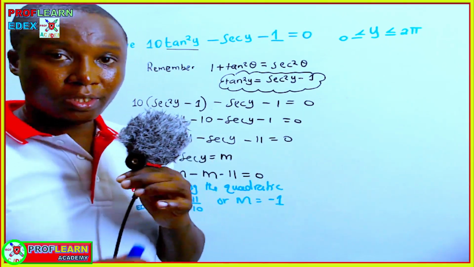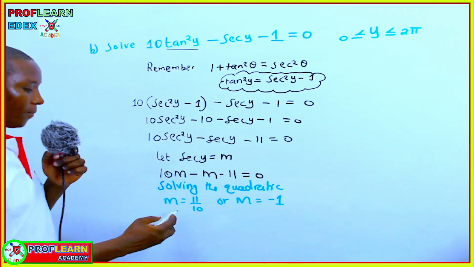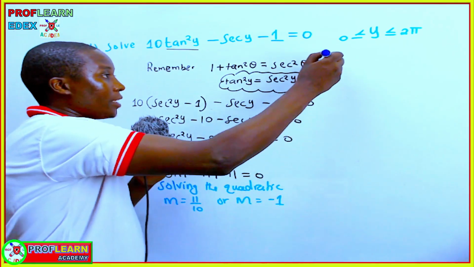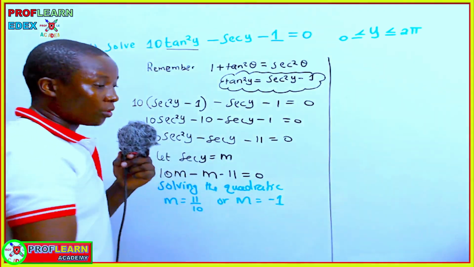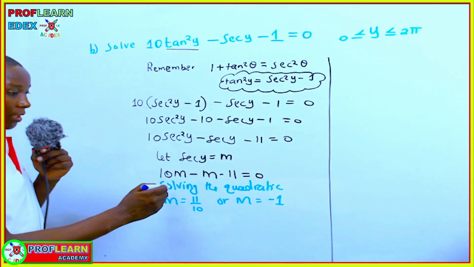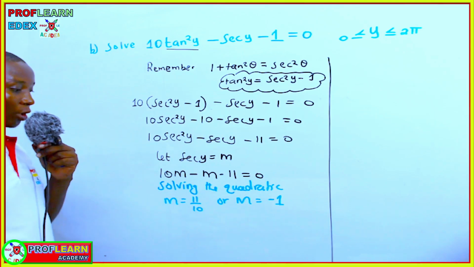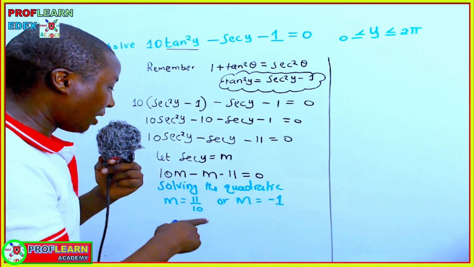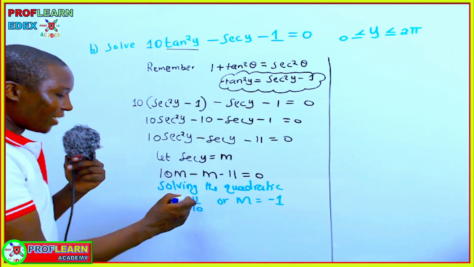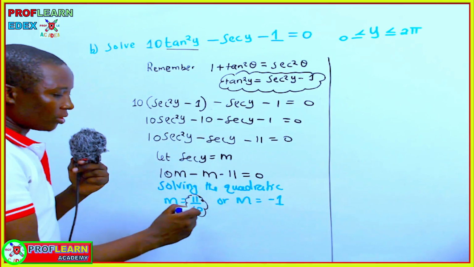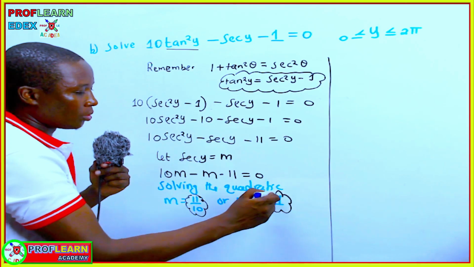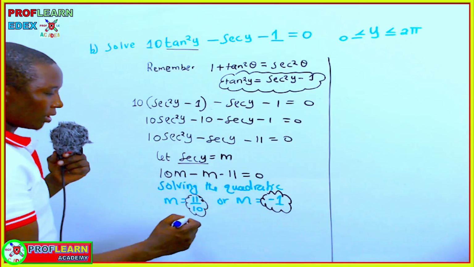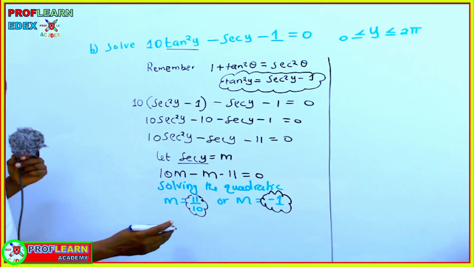I don't want to go into details on how to solve a quadratic equation, because this question is not basically dealing with solving quadratics. But if you solve it using the completing the square method, the quadratic formula, or even drawing the graph, you are going to get those solutions. So once you have obtained them, you can substitute the values.